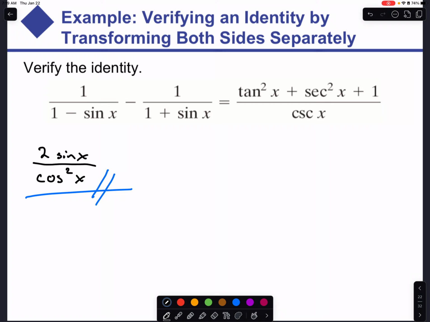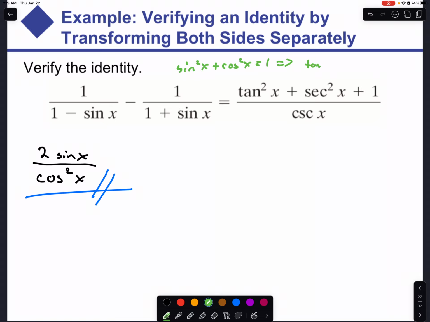Okay, so if we have what? Sine squared x plus cosine squared x equals 1, and we want tan, sine over cosine, so divide everything by cosine squared.